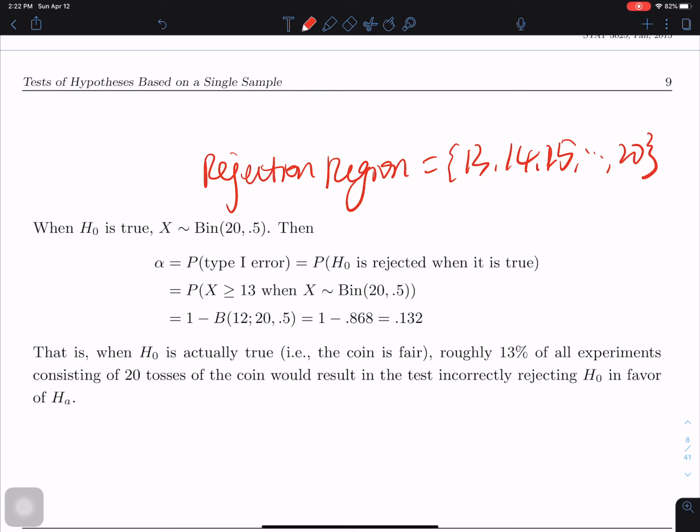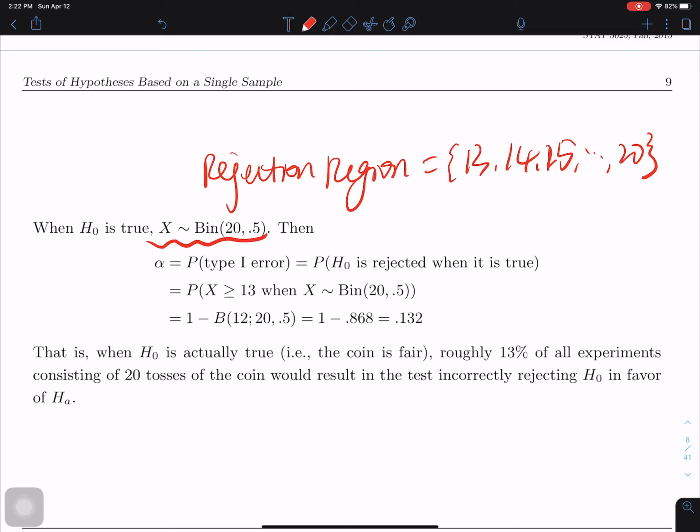Now, suppose H0 is true. H0 is true means that the probability is 0.5. Then x will follow a binomial distribution with parameters 20 and 0.5. Let's evaluate alpha, the probability of type 1 error. A type 1 error means H0 is rejected when H0 is true.